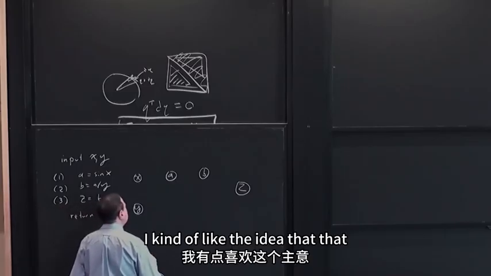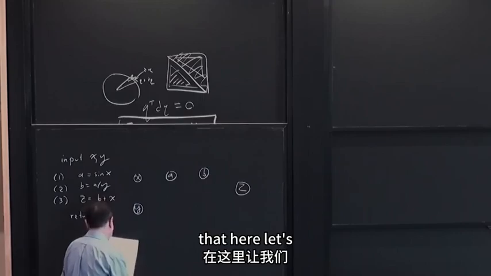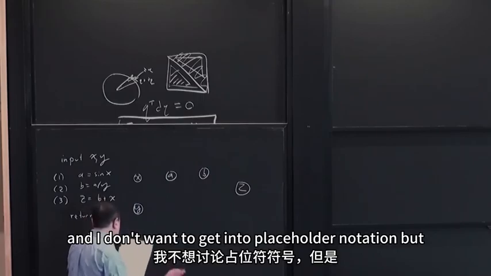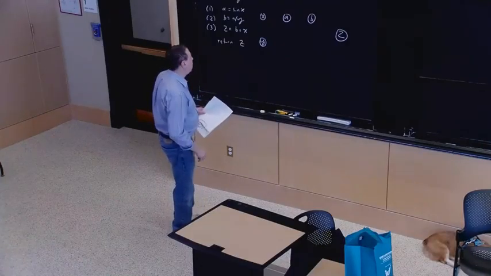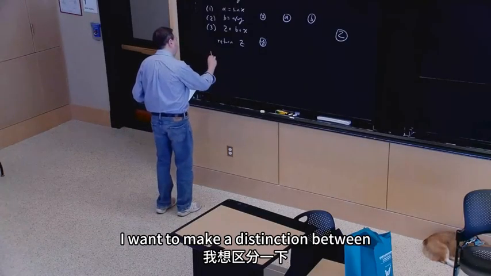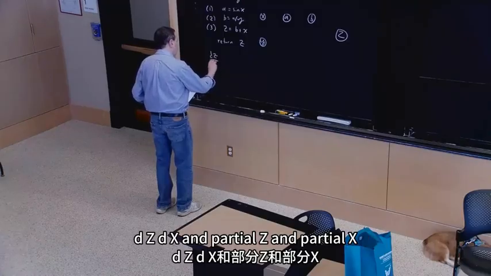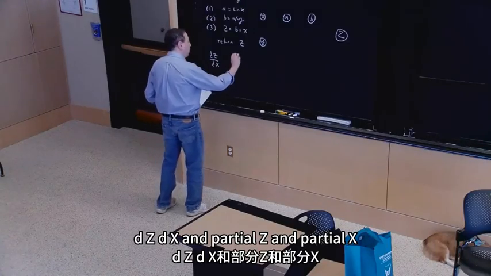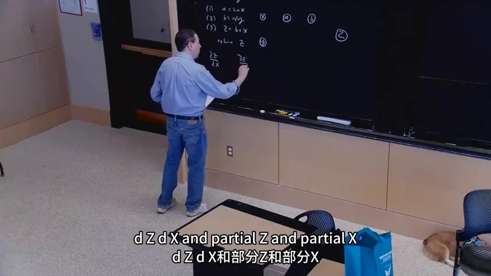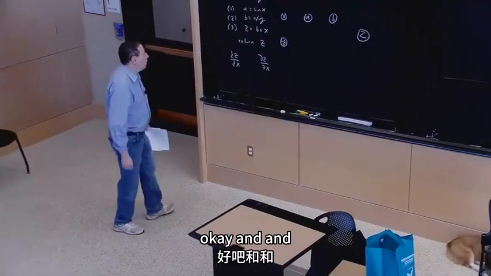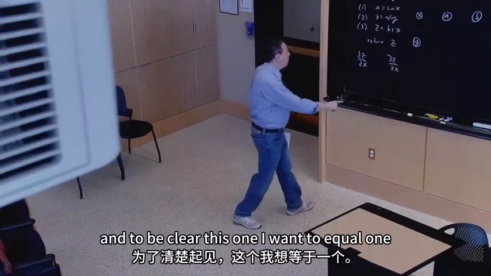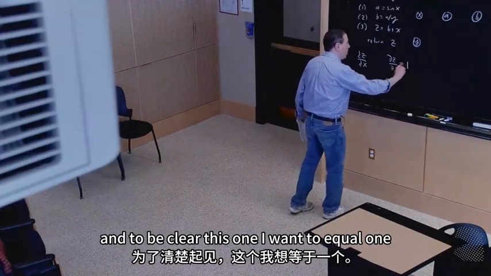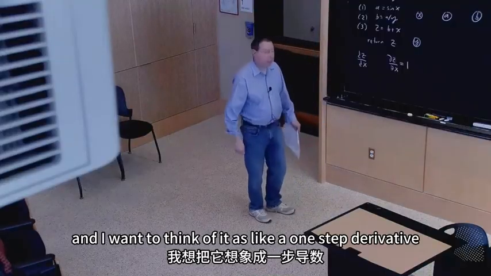I don't want to get into placeholder notation, but I want to make a distinction between dz dx and partial z and partial x. To be clear, this one I want to equal 1. And I want to think of it as like a one-step derivative.